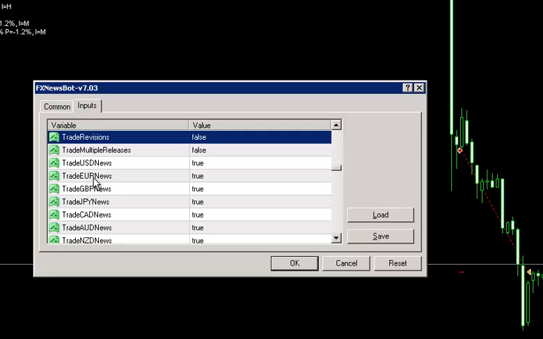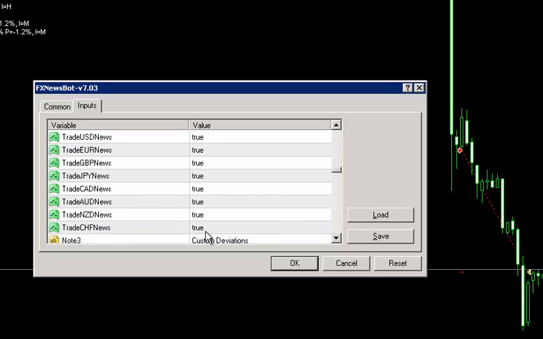So if you put Euro, British Pound, Japanese Yen on false, and say it's on the Euro US dollar, but Euro is on false in here, it'll just trade USD news releases, and when the Euro news releases come out, it won't trigger any trades because you have it on false. It'll just wait for the USD news releases.